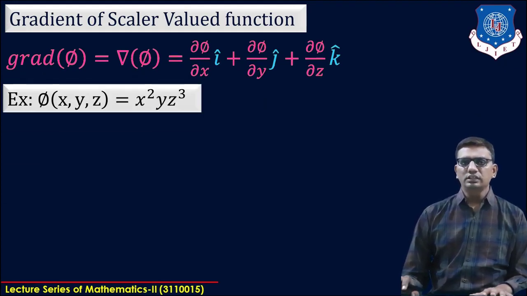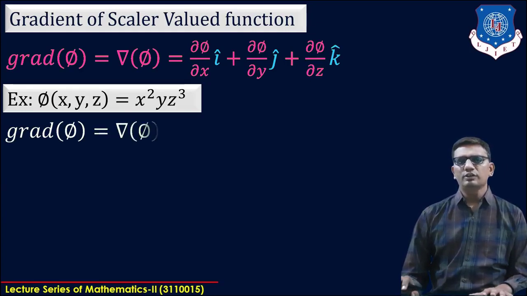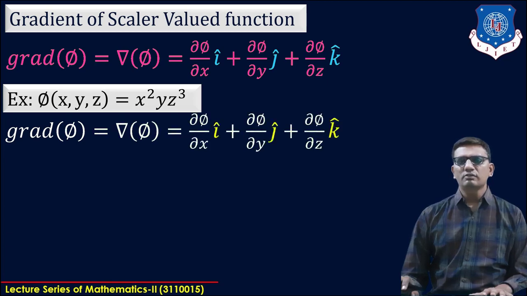Here we want to find the gradient of function x square y z cube. So first of all, we write down the formula of gradient of phi, which is del phi equal to del phi by del x i caret plus del phi by del y j caret plus del phi by del z k caret.